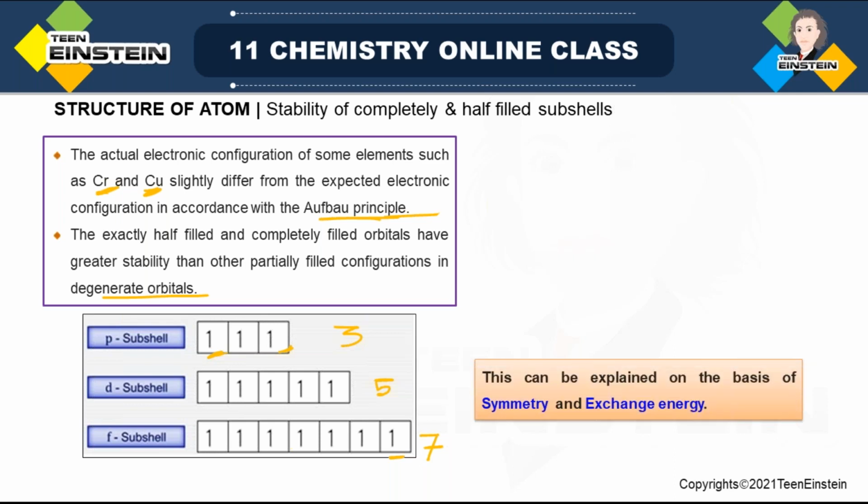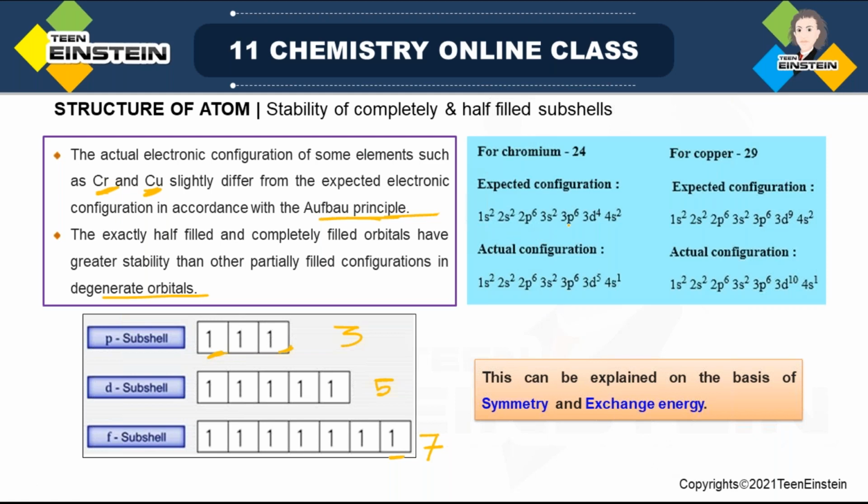Now what is the reason behind it, why are half filled or completely filled subshells so stable? The reason is symmetry, and the main reason is exchange energy. If you look at these two examples, chromium and copper: chromium atomic number 24, copper 29.